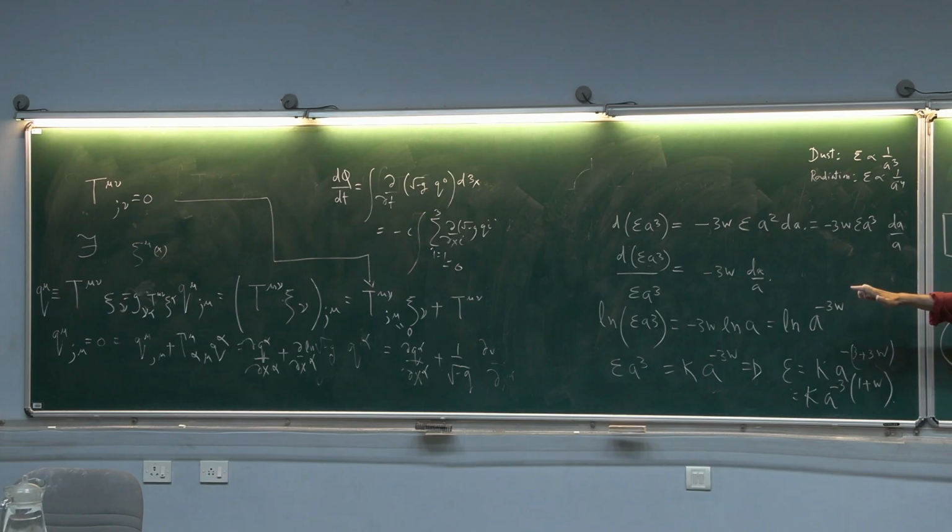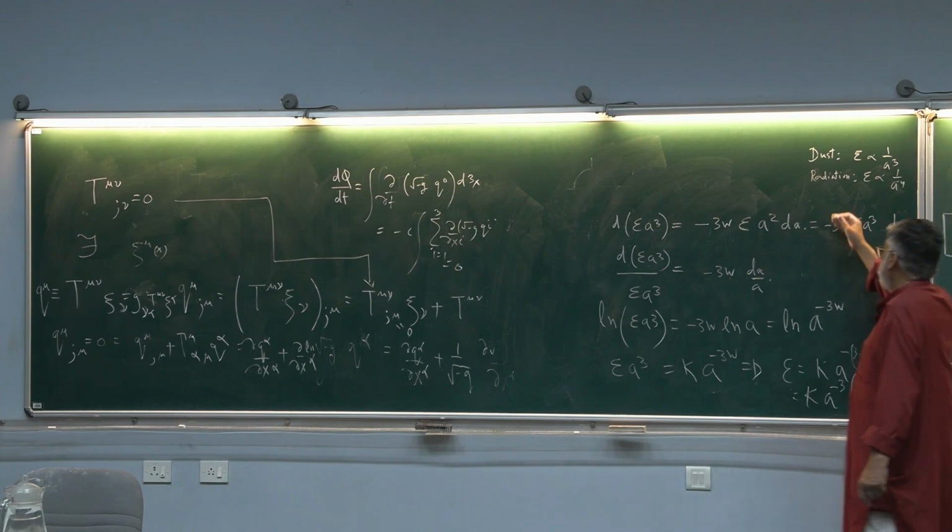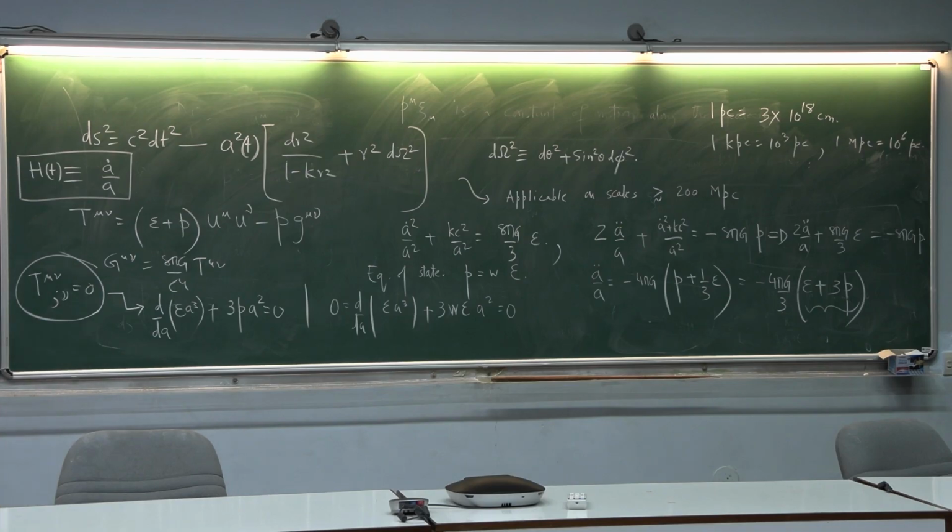Pure constant. When can that happen? When W is minus 1. If W is minus 1, this is the case of cosmological constant.